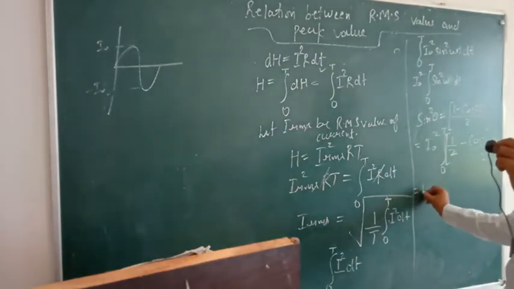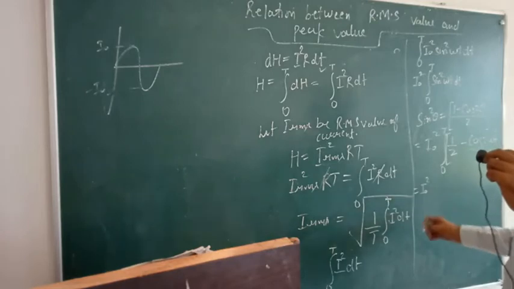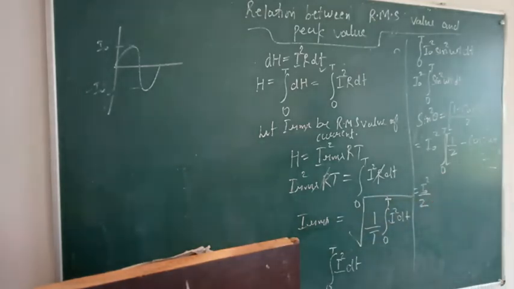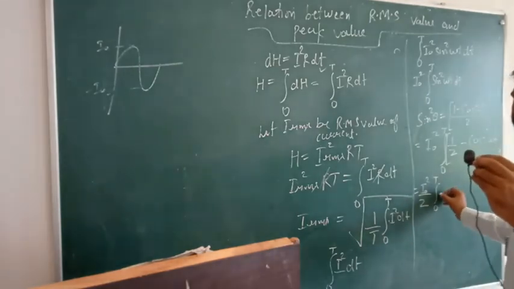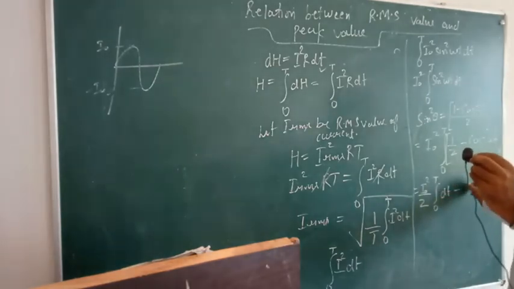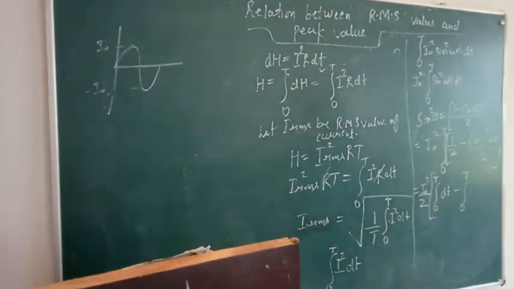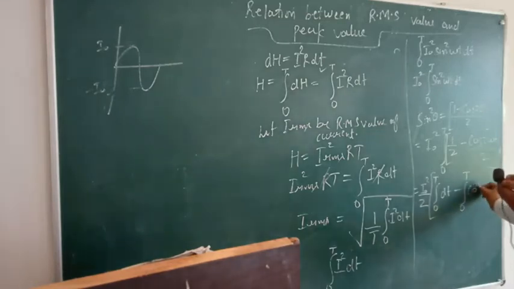So this will be I naught square, okay. 1 upon 2 we can take just out from this. So integration 0 to T dt minus integration 0 to T cos 2 omega t dt, because upon 2 I have taken out common.